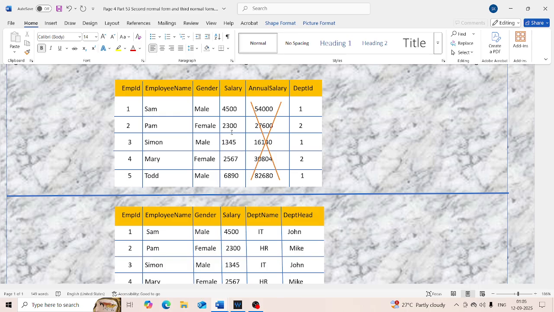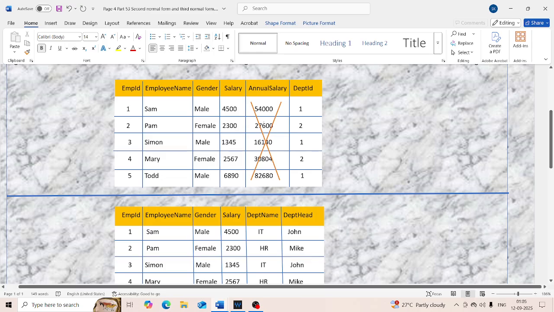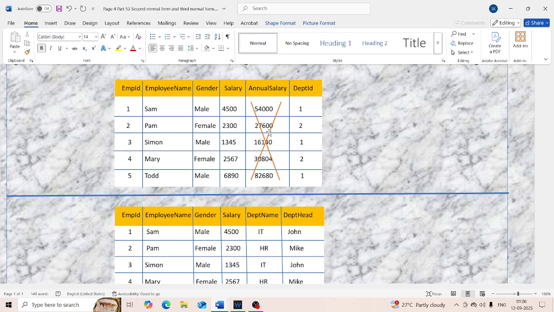So if they are not fully dependent on the primary key, then you can either remove them, or you can move them to a separate table. Okay, moving to a separate table, we will talk about that now.